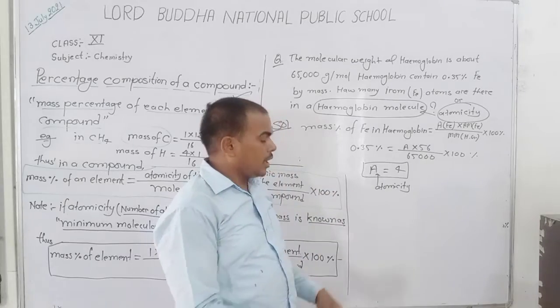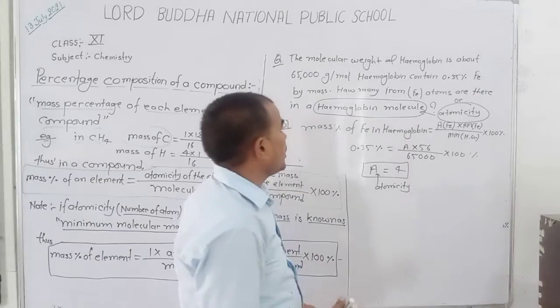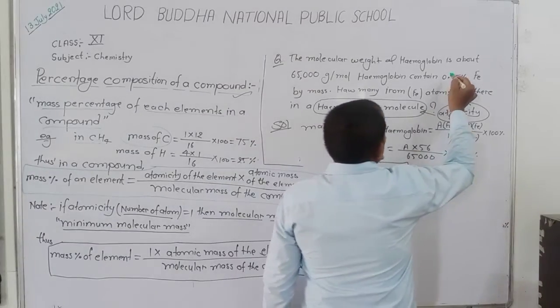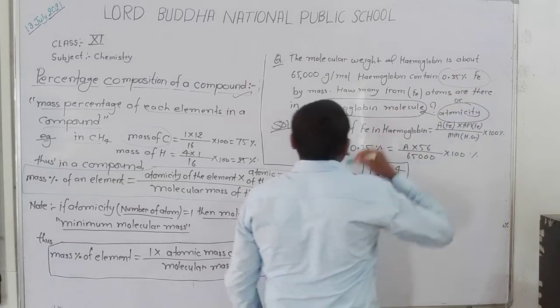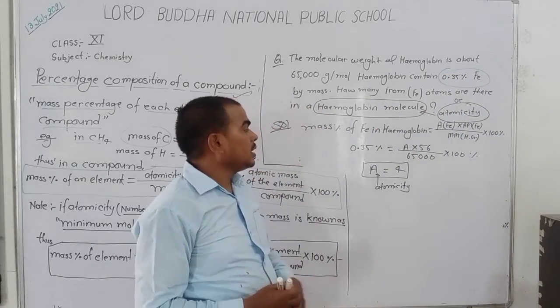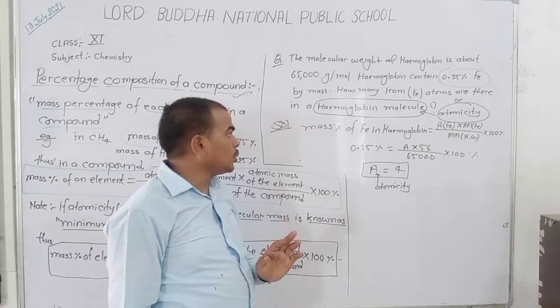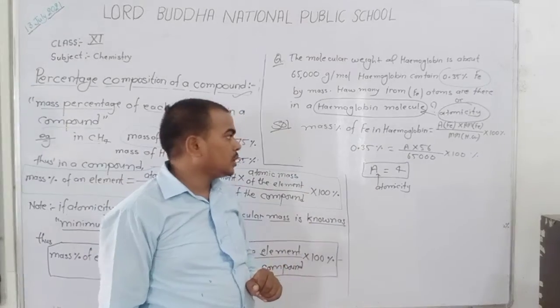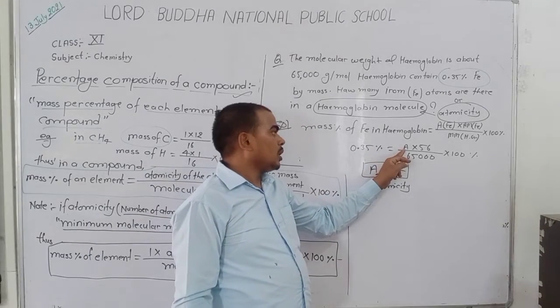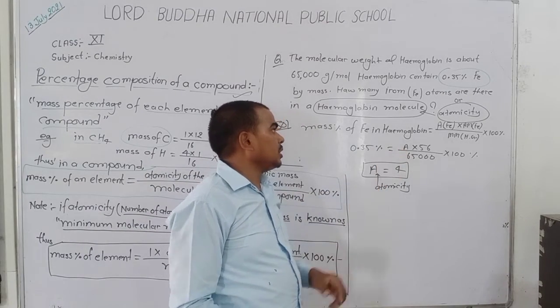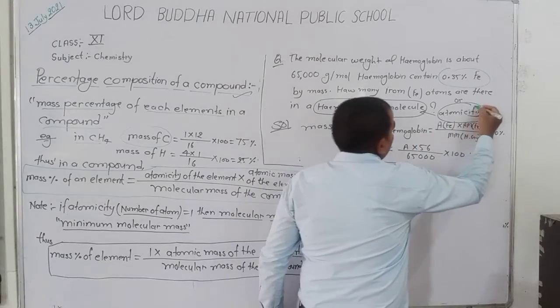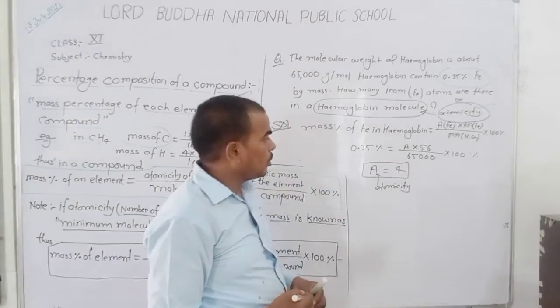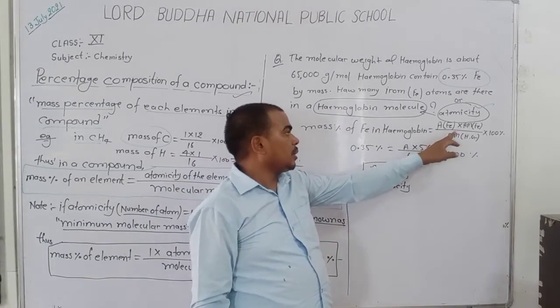Dear student, in the question you observe the mass percentage of iron is given. So put the value: mass percent of iron 0.35% equal to atomicity, which is what we need to find, into atomic mass of iron.